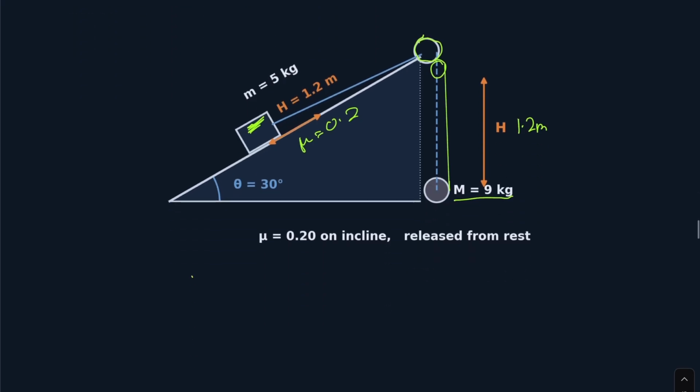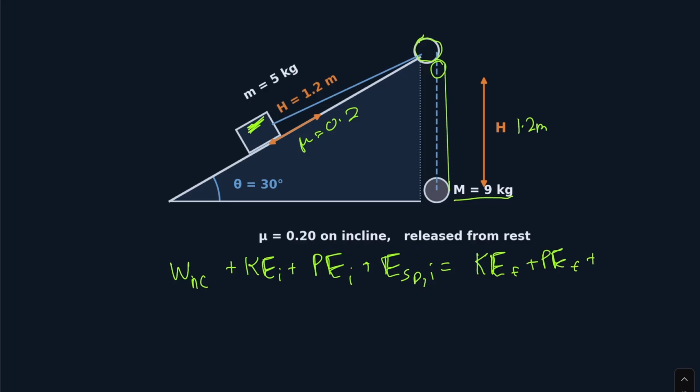So let's write our equation first. Work non-conservative plus kinetic energy initial plus potential energy initial plus energy spring initial is equal to kinetic energy final plus potential energy final plus energy spring final. Since we don't have any springs here, I'll cancel out both these energies.